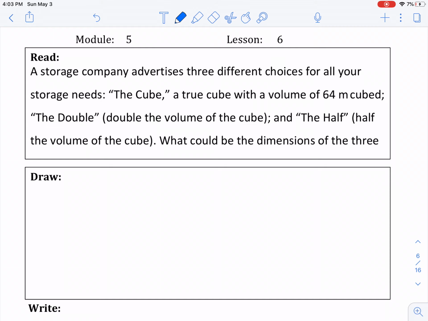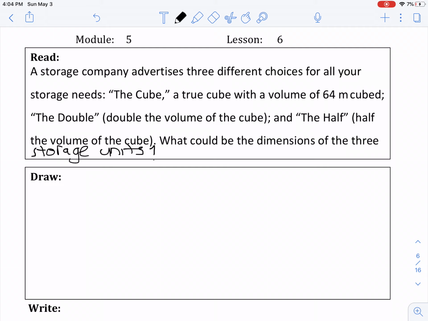So part of this is cut off, and I will change the 3. What could be the dimensions of the 3 storage units? Question mark.